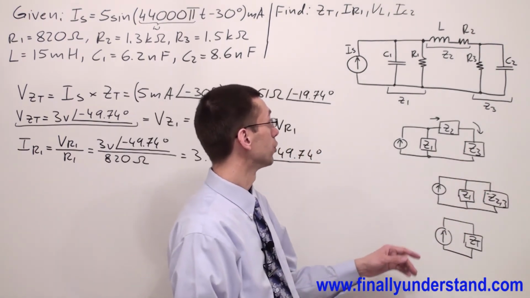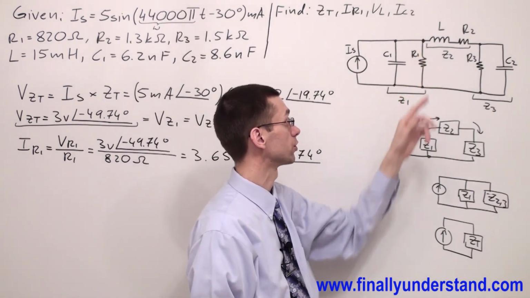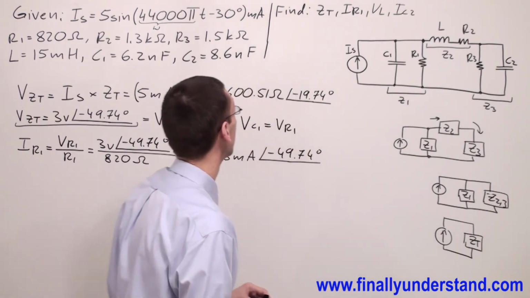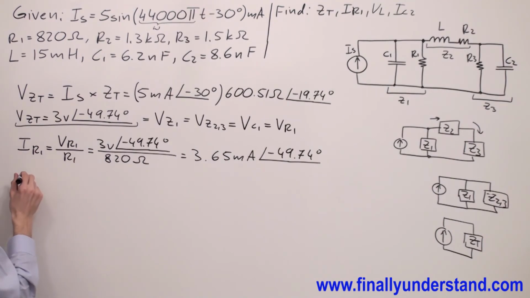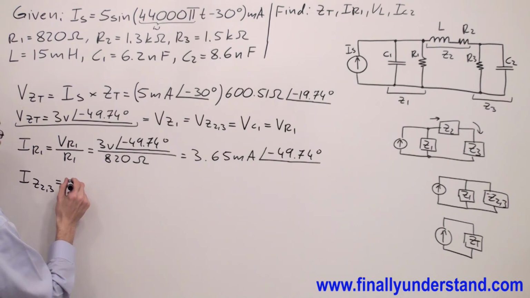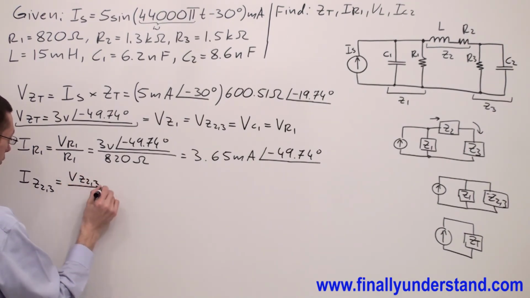So, in order to find this voltage, I mean voltage across the inductor, I'm going to use Ohm's law. Okay, so I'm going to find this by finding the current IZ23. IZ23 is equal voltage Z23 divided by Z23.